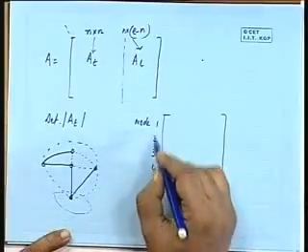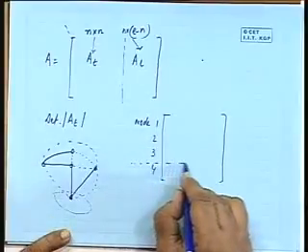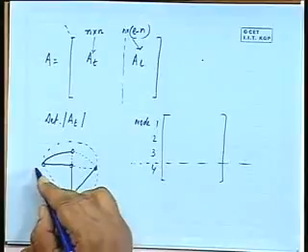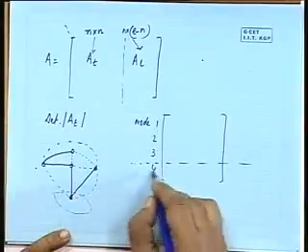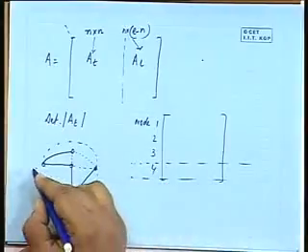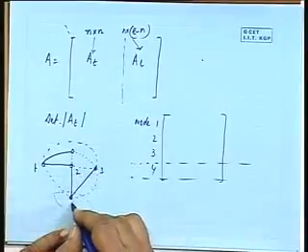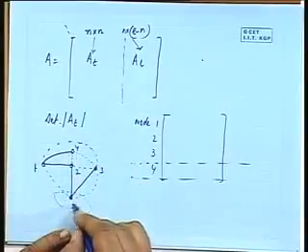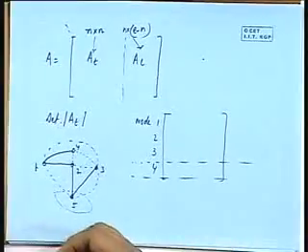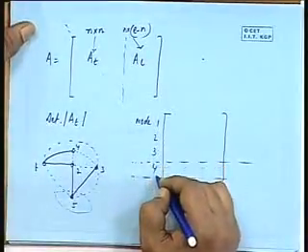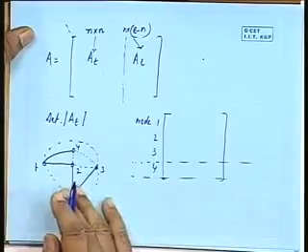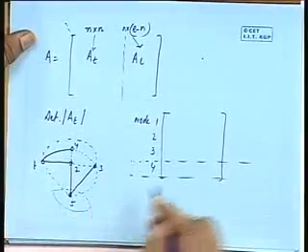Suppose these are nodes 1, 2, 3, 4, and 5. These are the 5 nodes, and 1, 2, 3, 4 are the nodes barring the reference one.